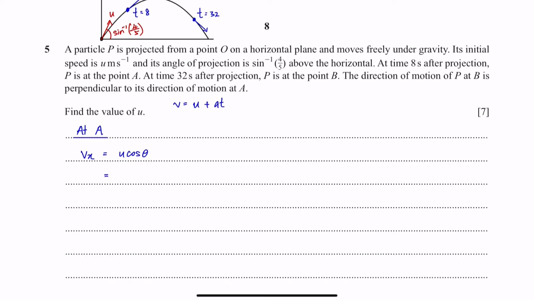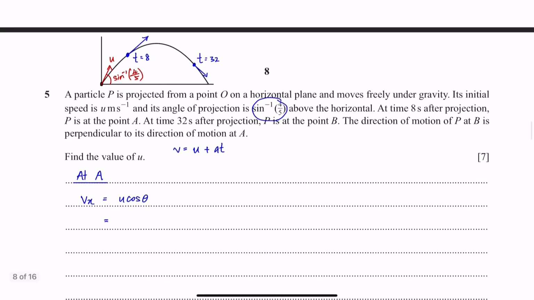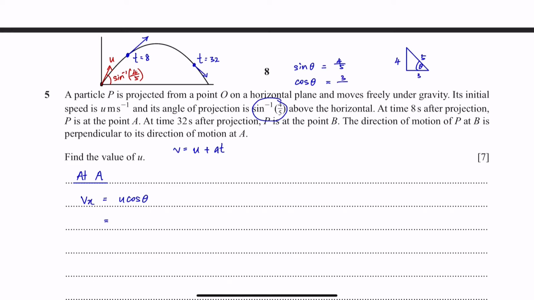And we know from this info that sine theta equals 4 over 5. So cos theta would be, so this would be our theta. Sine is 4 over 5, so this would be 3. So cos theta would be 3 over 5.